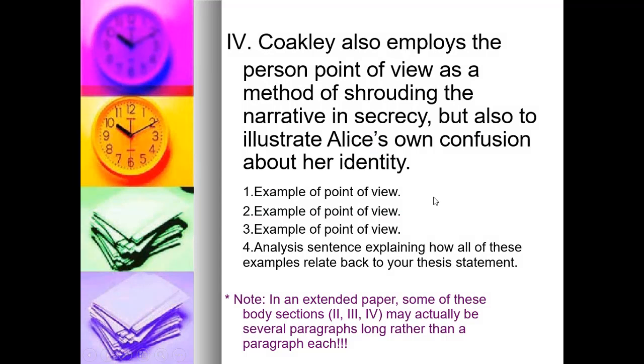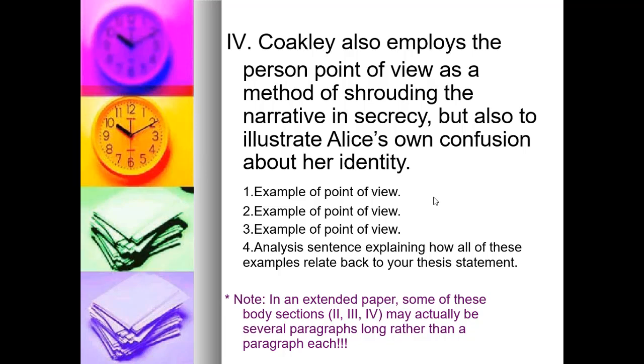So in this paragraph, we're moving on to third-person point of view. Coakley also employs the third-person point of view as a method of shrouding the narrative in secrecy, but also to illustrate Alice's own confusion about her identity. So now we're going to want to look at our notes and bring in two to three examples of when that third person point of view keeps the reader confused and how it mirrors the confusion that Alice feels about who she is now that she's had this transplant.